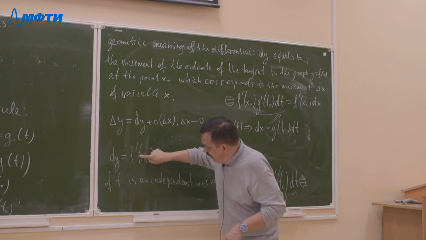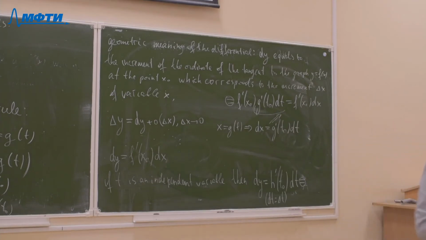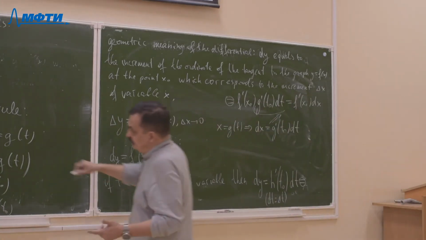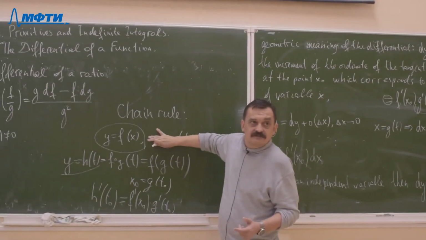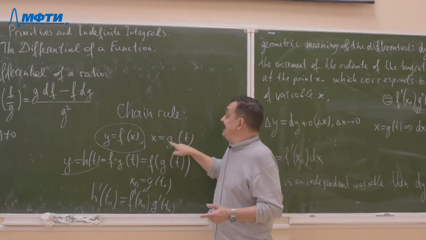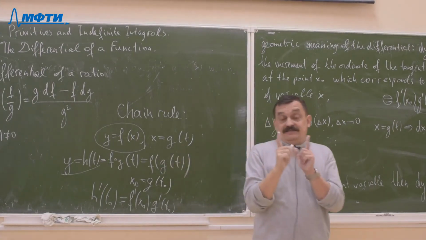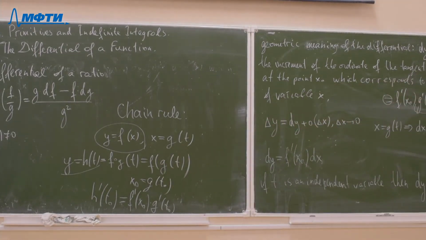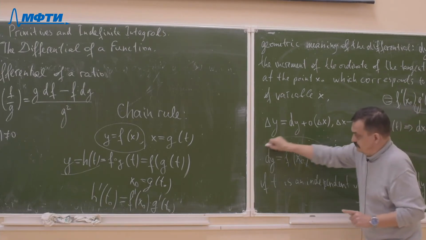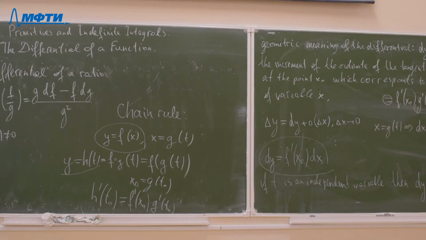You can write dy equals f prime at x naught times dx, even if, forget now about this function, we don't need to suppose that x is an independent variable. So this formula for the differential is valid in both cases: either x is an independent variable or x depends on some other variable.